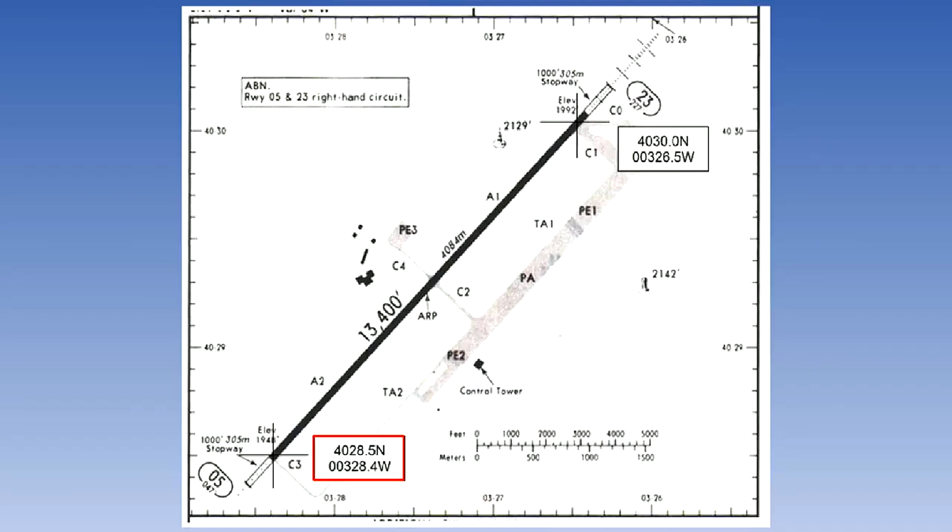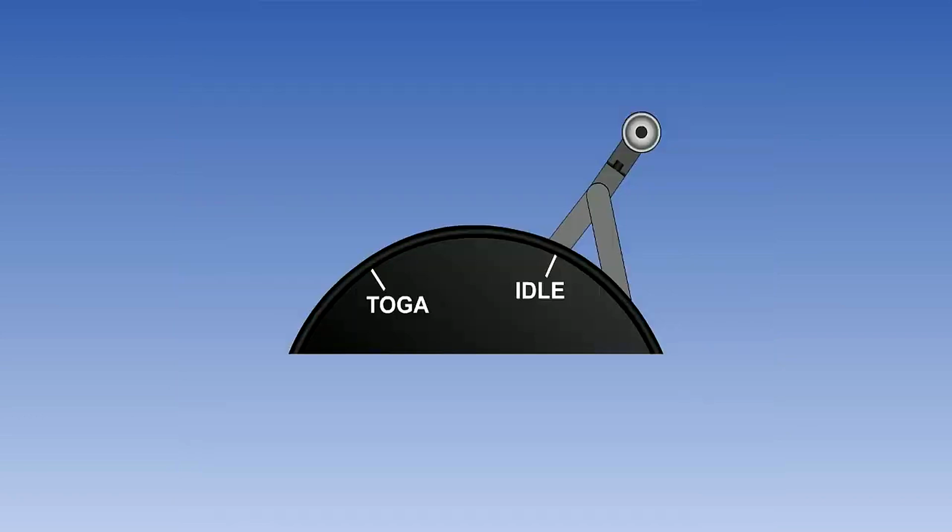The FMC navigation database contains the position of all runway thresholds in the company's route structure. As the takeoff roll is commenced, the throttles are advanced. The contact on the throttle quadrant is called the takeoff go-around switch or TOGA switch for short. Operation of the switch automatically updates the FMC position to the takeoff threshold.